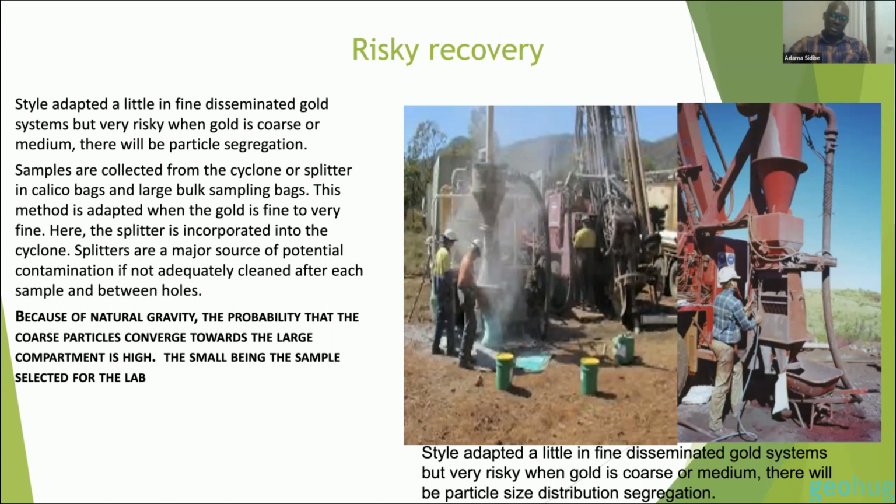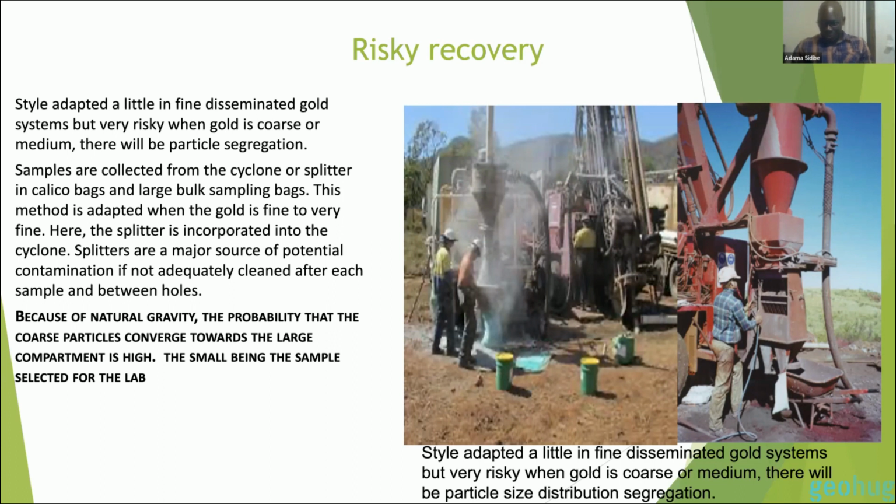The system is as follows. The samples are collected from the cyclone or splitter in a calico bag and a large bulk sample bag. This method is adapted where gold is fine to very fine. The splitter is directly incorporated into the cyclone.